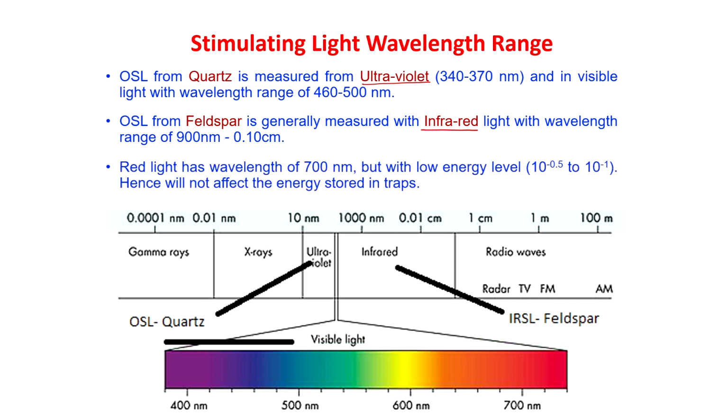Now, why does red light come in here? Because the sediments, as we are talking, should not be exposed to sunlight, but can be exposed to red light. The reason is that the wavelength is of course 700 nanometers, but the energy is very low.